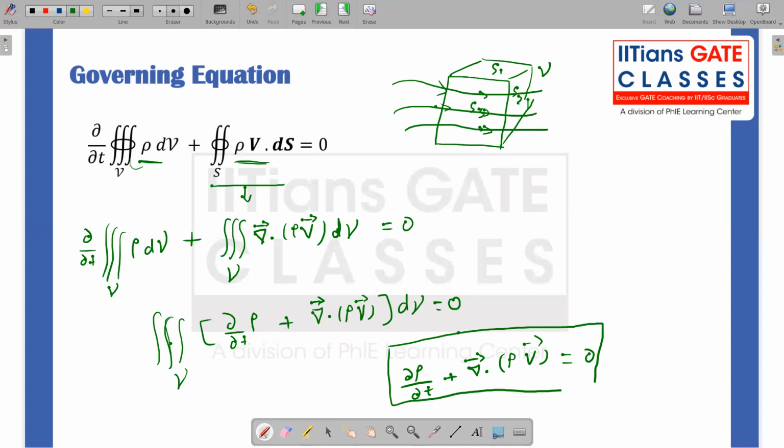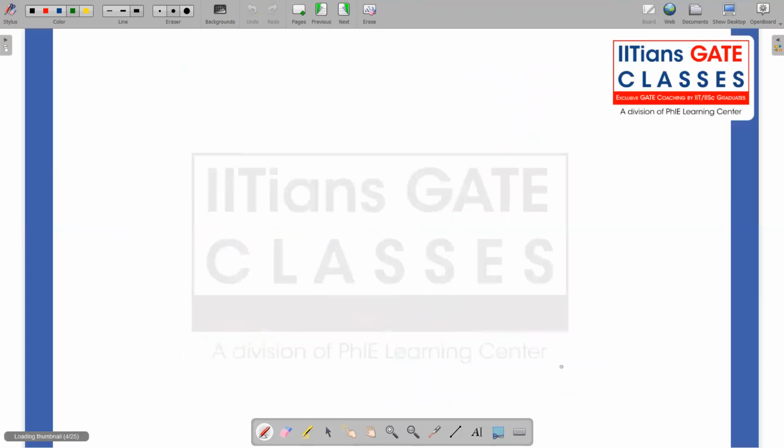This is the differential form of the continuity equation. We can further simplify this equation to write it in total derivative form.